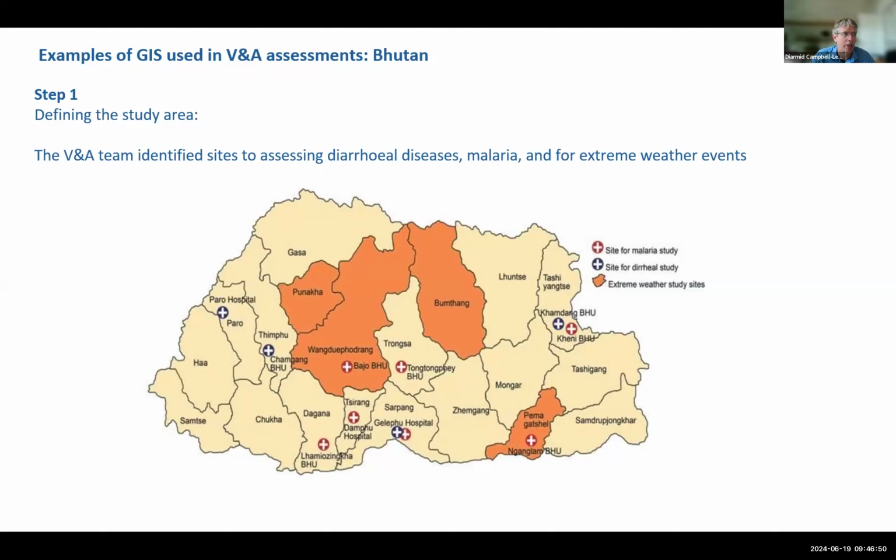So we have examples from Bhutan, where they had already decided that the issues of diarrheal disease, malaria, and extreme weather events were the main challenges that they wanted to investigate and respond to, and GIS was used to identify the study sites in order to investigate those relationships in more detail in order to start planning the response.